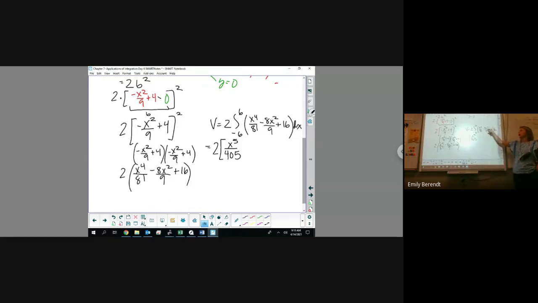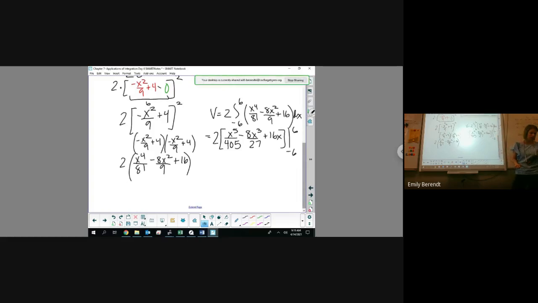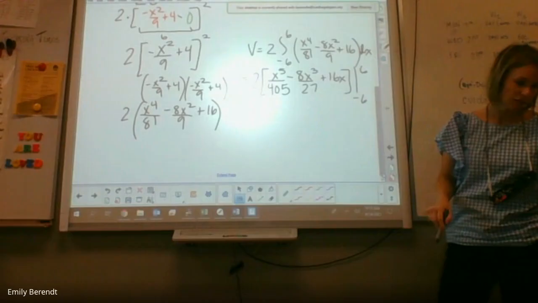Then we get x cubed over 3, and you guys should know 9 times 3, so negative 8x cubed over 27, plus 16x, evaluated from -6 to 6. This was not a neat one. The answer is 1,024 over 5 cubic units.